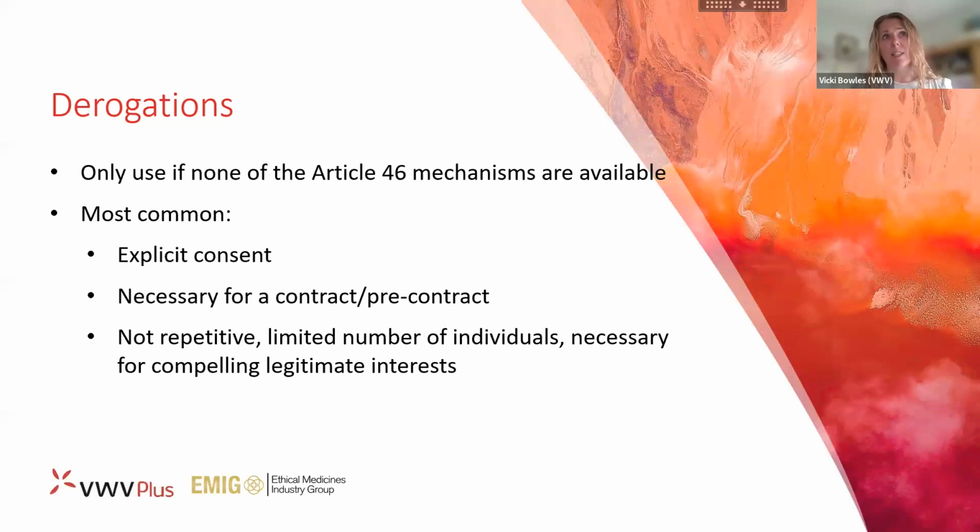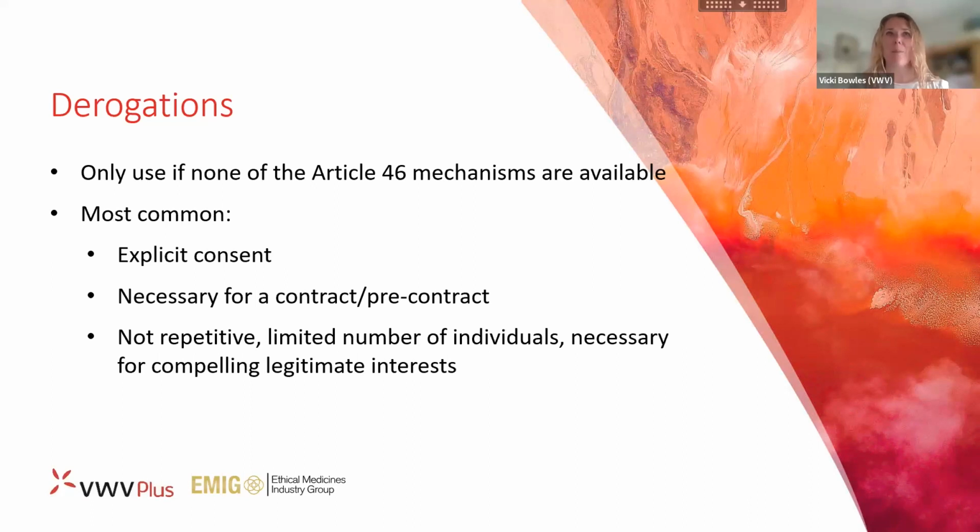If explicit consent can't be used or isn't appropriate, you can then use the derogation where what you are doing is necessary for a contract with the individual or necessary for pre-contractual steps at the request of the individual. So perhaps you need to transfer some personal data to another organisation.